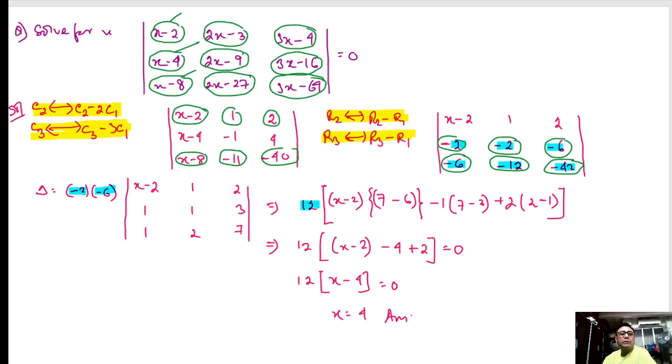Okay, so we are trying to expand it along the first column. So we will use plus, minus, plus. Okay, so when I take x minus 2, I have to choose this part, that is 7 minus 6.